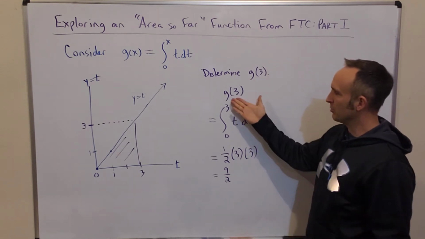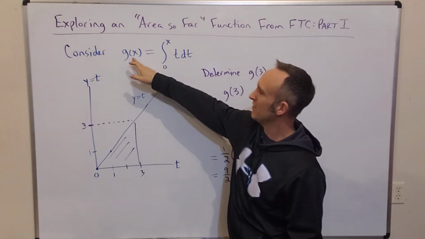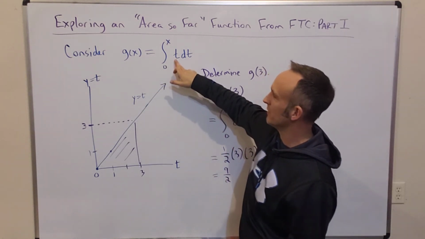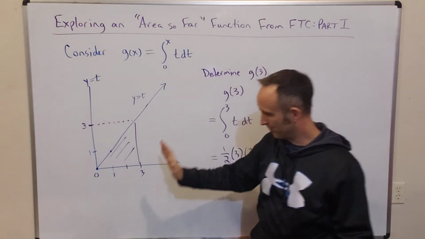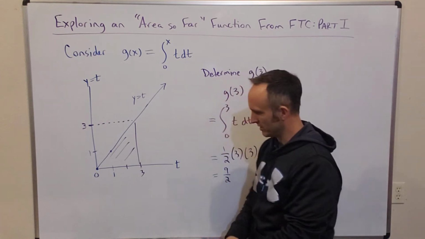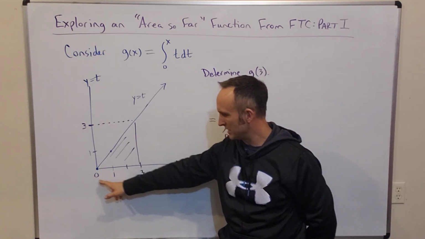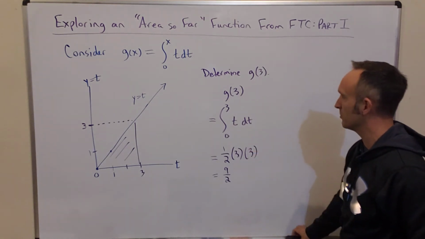So that's an example of how to evaluate this area so far function. This g of x means the area under the t function, for example, from 0 to whatever x value you choose. So this number 3 can change. The 0 stays where it is. So it's the area from 0 to whatever x value you want under this curve. And here's a primary example.